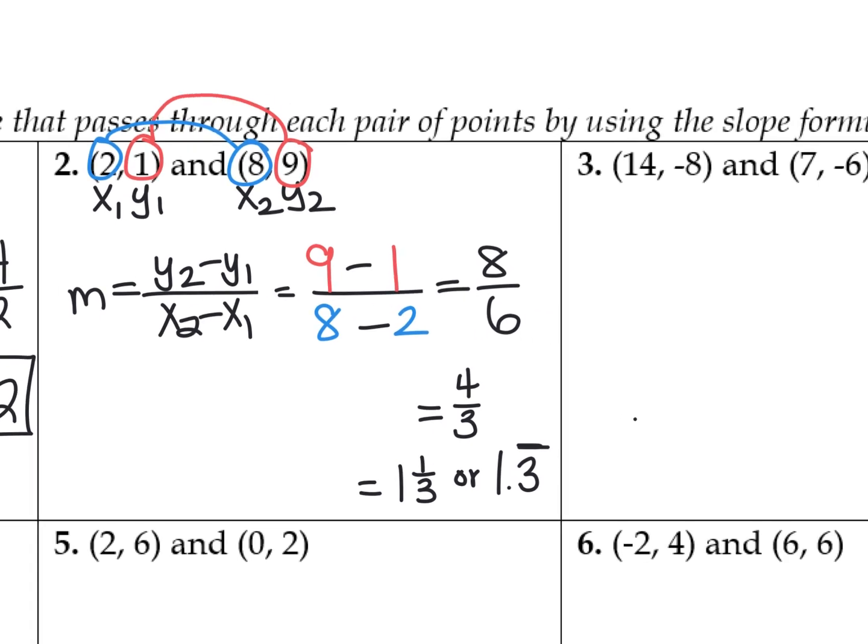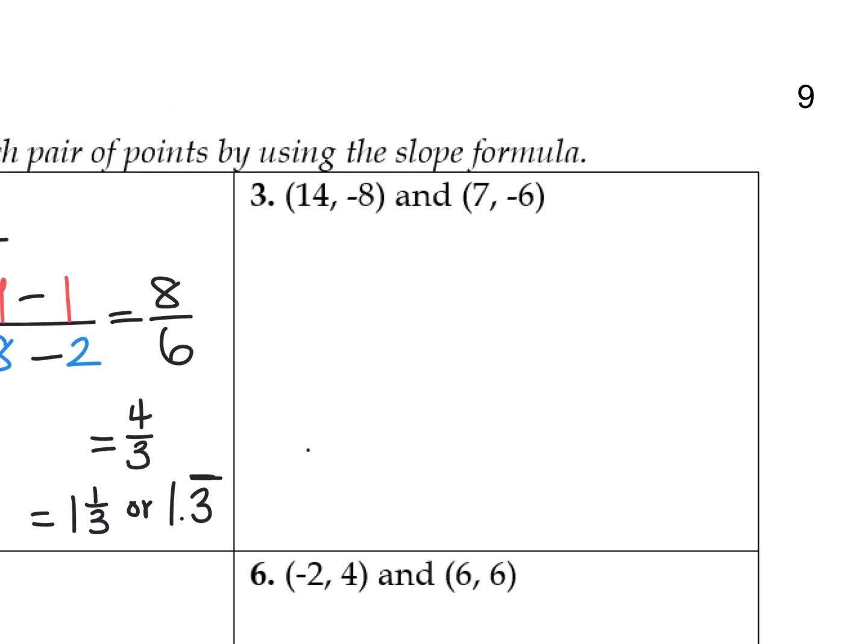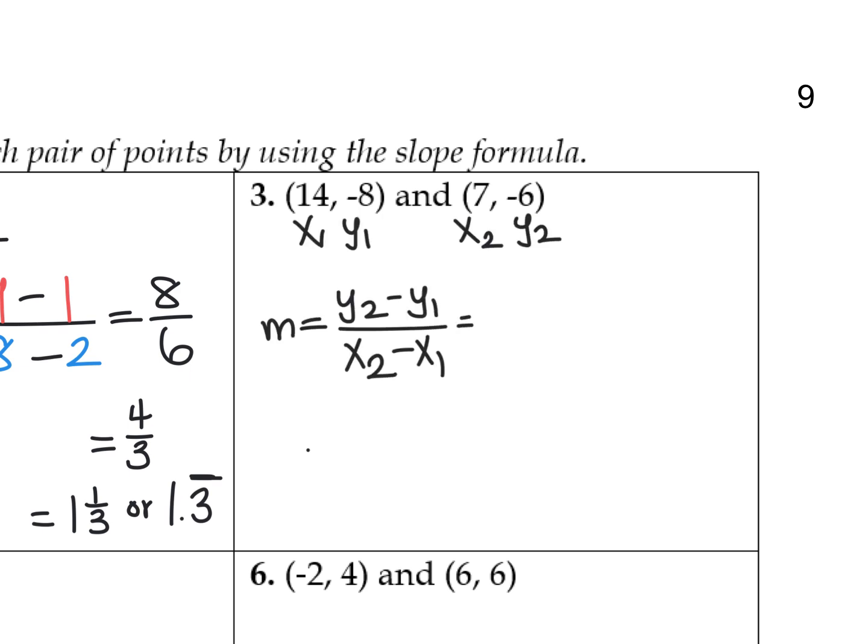All right, moving on to number 3. First thing we do is label, and write down our formula. y2 minus y1 over x2 minus x1. So I'm going to start by subtracting my y values. I've got negative 6 minus negative 8.